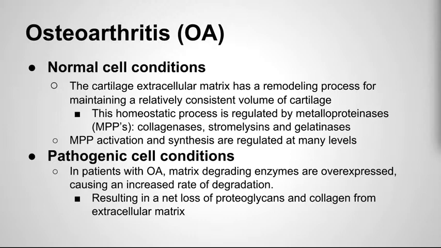So this is a homeostatic process that's regulated by metalloproteinases, or MPPs, and these are collagenases, stromolysins, and gelatinases. And MPP activation and synthesis are regulated at many levels. Remember, that is in normal cell conditions.